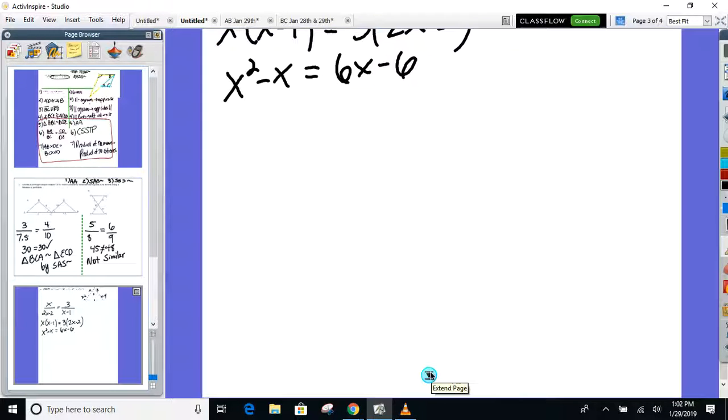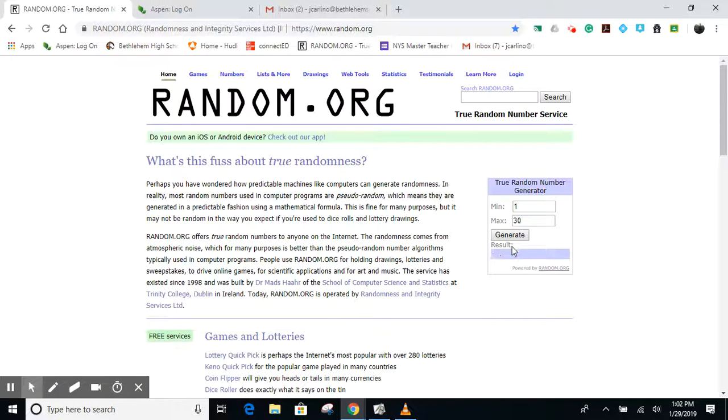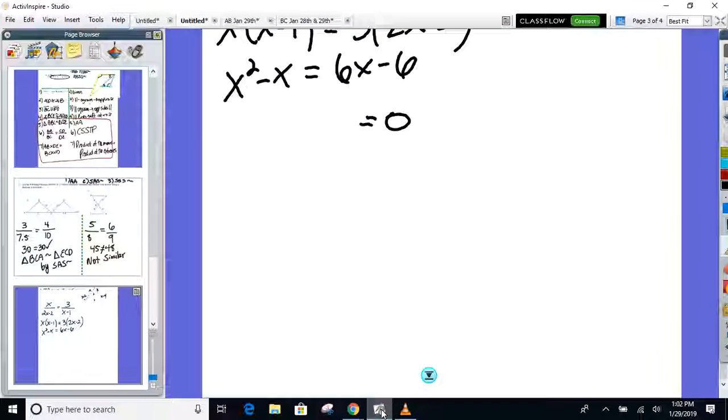Move everything over and let me know what you get. What's equal to 0? It is going to be x squared minus 7x.